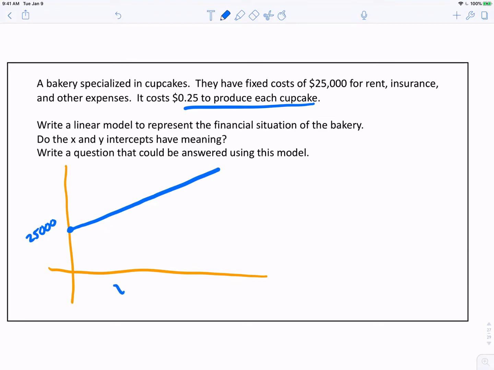So X is going to represent the number of cupcakes produced by the bakery. And we could write the linear model. Let's just call it their cost function. So C of X, and X is going to represent the number of cupcakes. It costs them $25,000 in fixed costs, and to that we're going to add on 25 cents per cupcake.